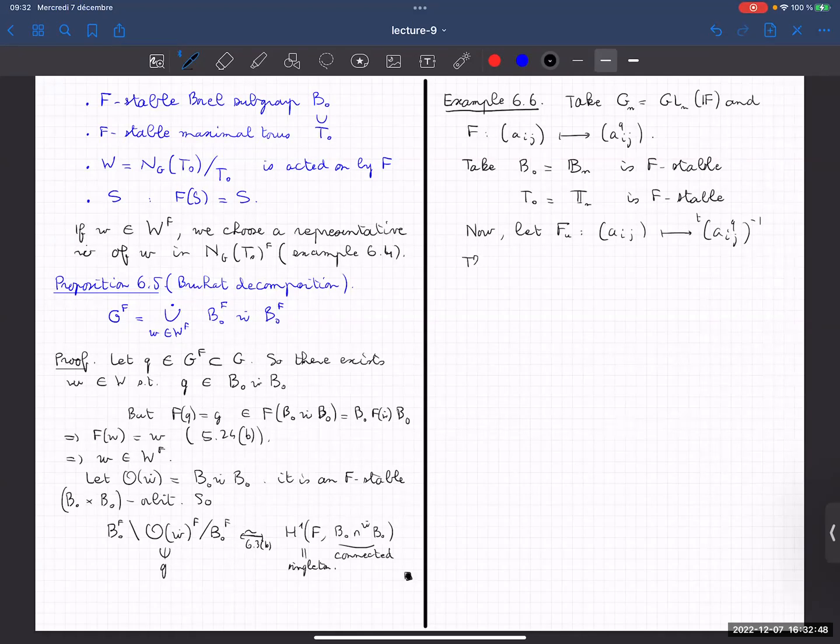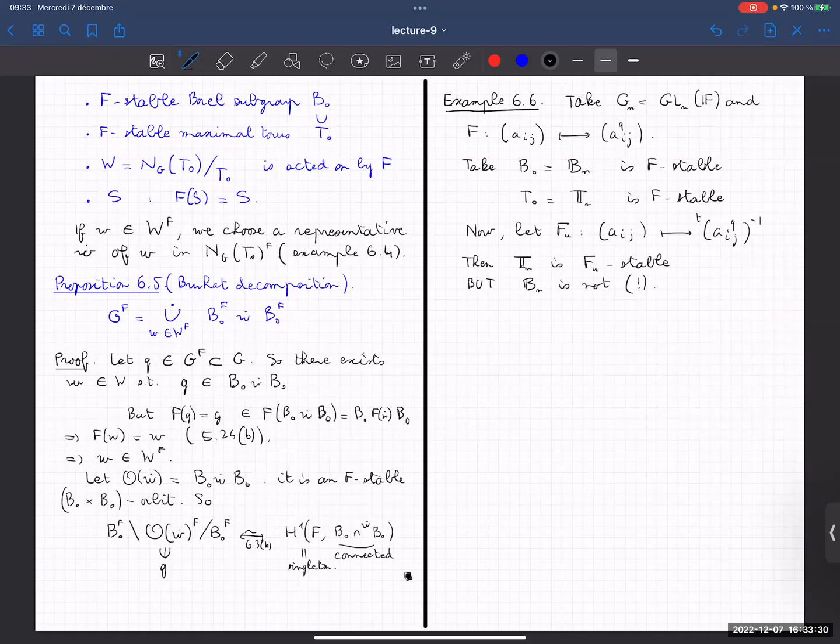Then in this case, the maximal torus is Fu-stable, but Bn is not. It is not because if you apply this twisted Frobenius to the upper triangular matrices, taking the transpose of the inverse, we send an upper triangular matrix to a lower triangular matrix.